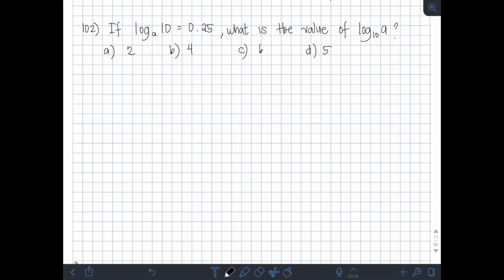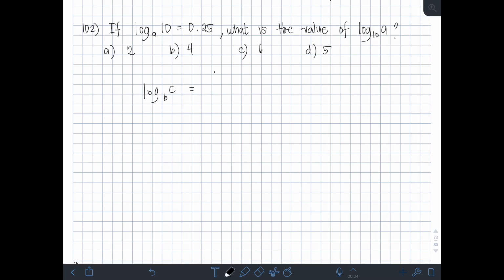Okay? Next, we have, if log 10 base A is equal to 0.25, what is the value of log A base 10? Okay, so, pwede natin gamitin dito yung change of base formula. So, let's say meron tayong logarithmic expression na log C base B. So, by using the change of base formula, so from the word itself, change of base formula, pwede tayong gumamit ng panibagong base.